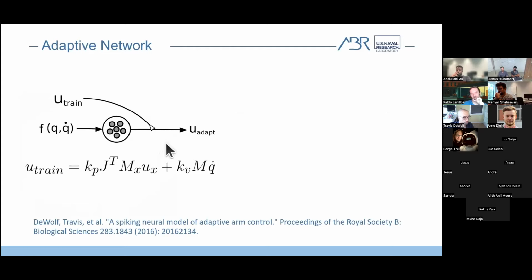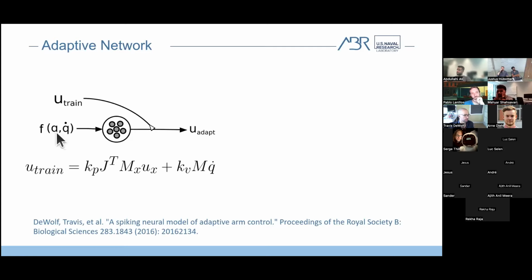But we could probably do better if we add in this adaptive term, which I mentioned previously. The adaptive term is kind of neat in that the training signal for the adaptive term is actually just the first part of the control signal. It is our original control signal, but without gravity compensation, and of course, without the adaptive term itself. And so what we need to do is we just have a set of neurons, and we feed in all of the context that is relevant for those neurons to learn an adaptive control signal.